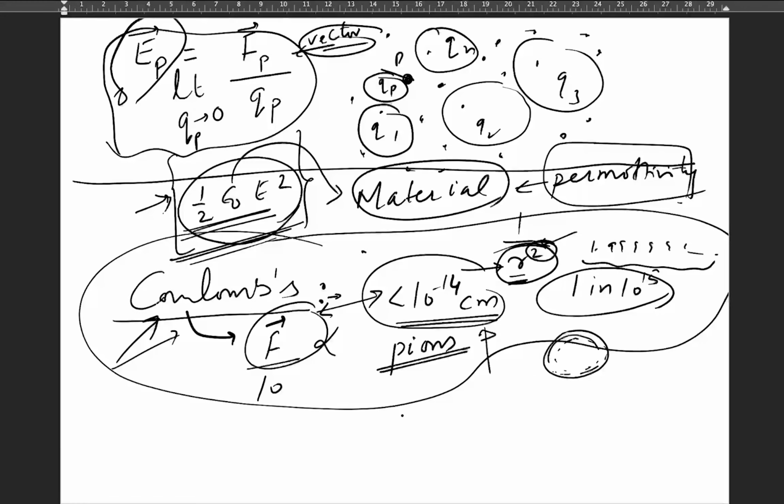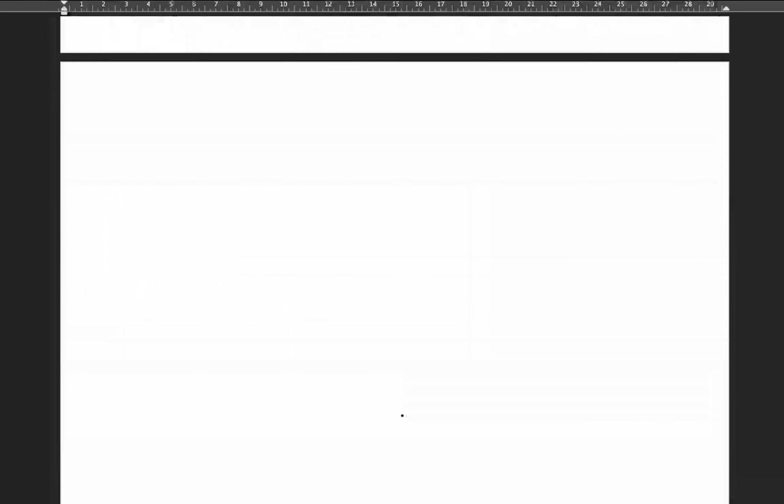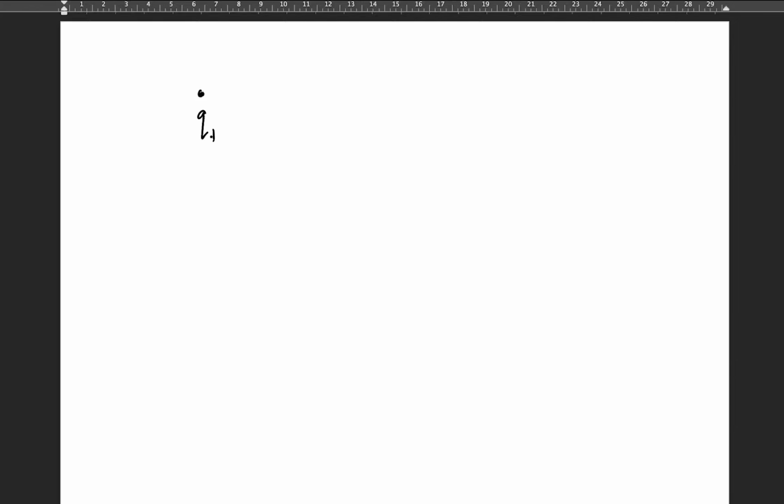Now let us solve an example of how to use Coulomb's law to solve some very simple problems. So let's see. Let us say there are two charges, Q1 and Q2, having 8 Coulomb and -2 Coulomb.